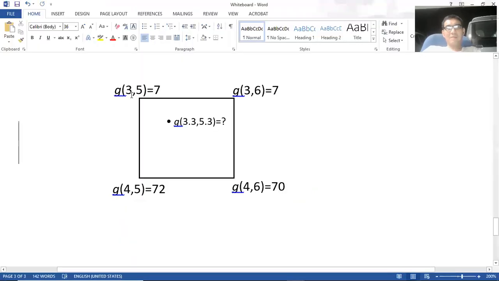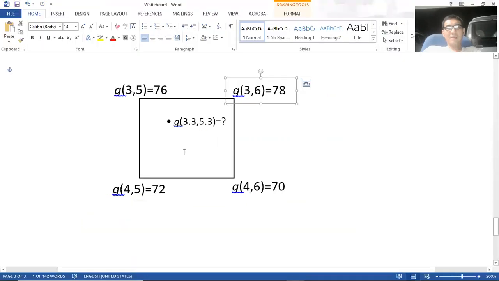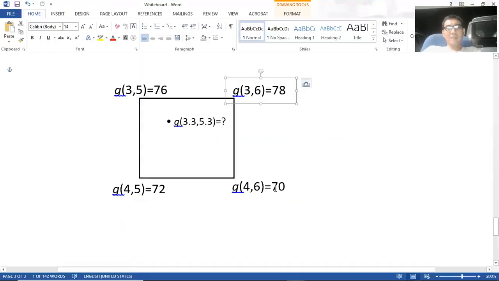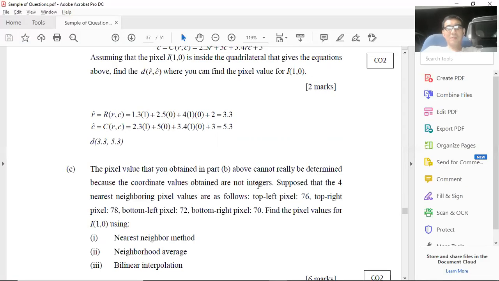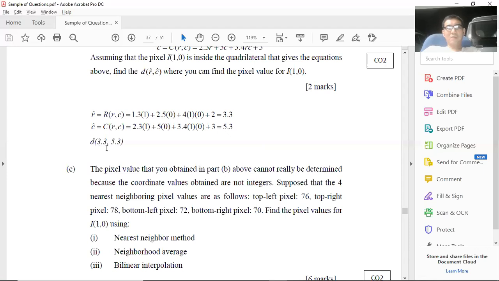The question will not actually tell you the coordinates, because the coordinates depend on the answer that you get. You just say the 4 nearest points. In this case, yours is 3.3, 5.3.